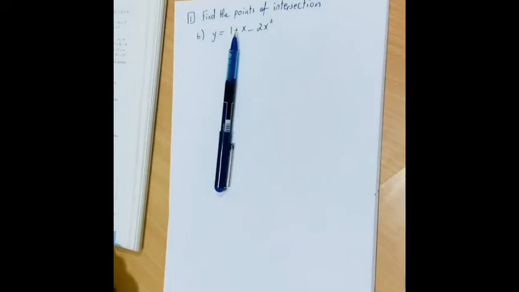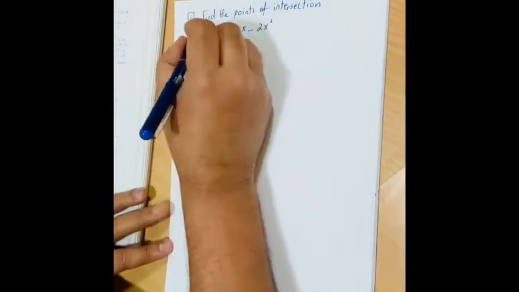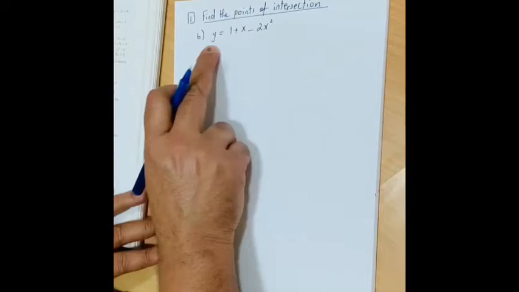So we're going to do question number 1 in the textbook, exercise 7C. The question asks you to find the points of intersection in part b. The first equation given to you is the equation of a curve. How do you know that? I told you, if the power of x is not 1, it's not a straight line. Basically, a straight line has two forms.